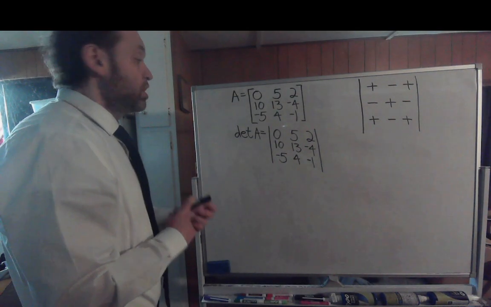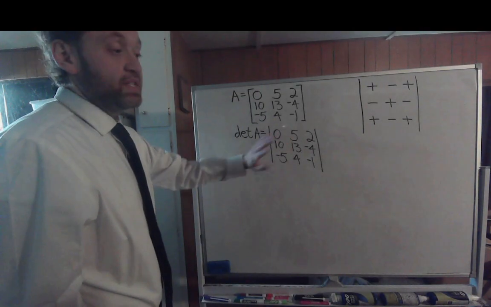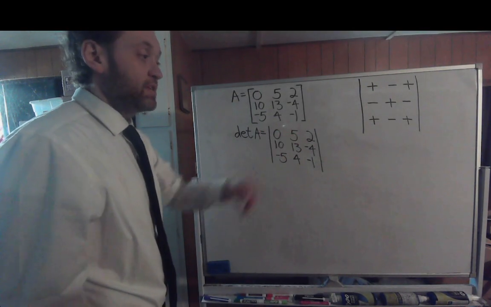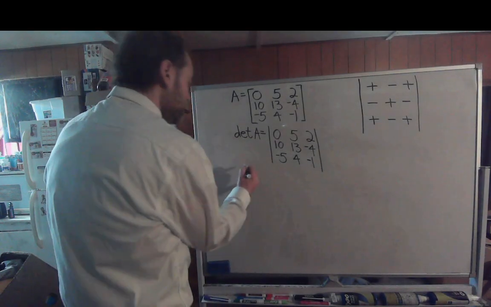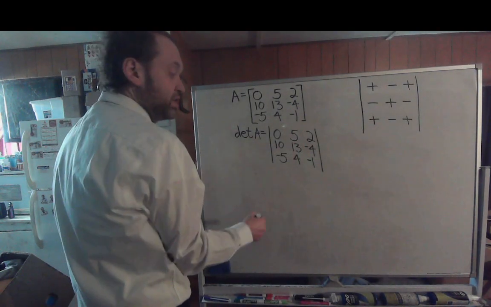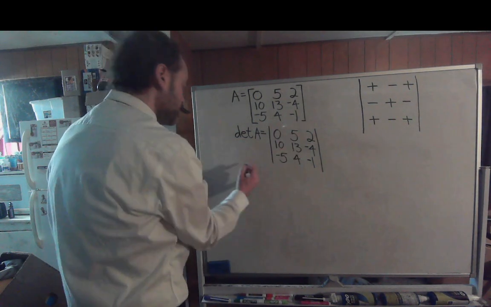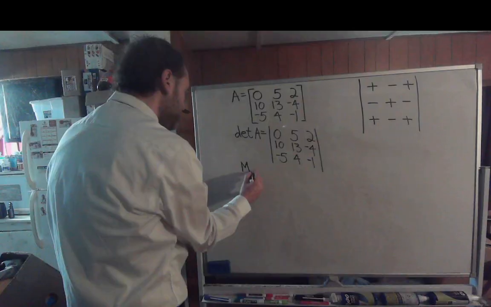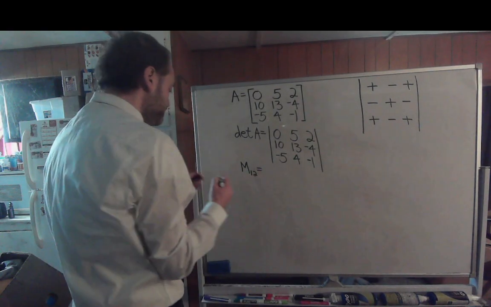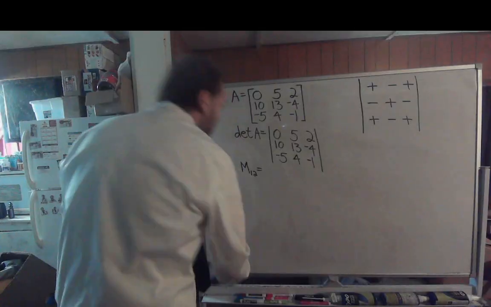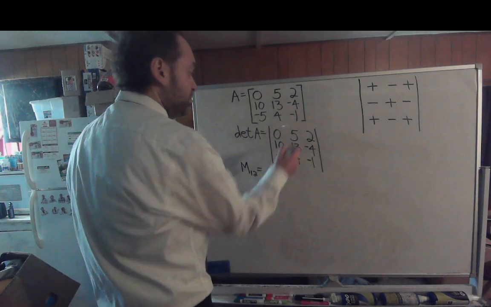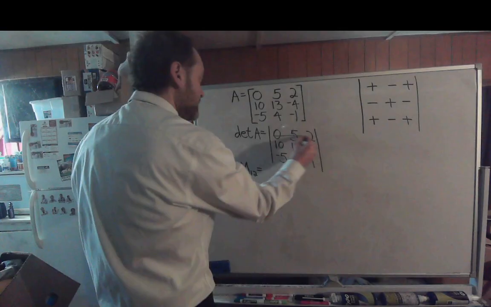Well, 0 times anything is always 0. We can just deal with 5 and 2. So that means we need to find minor 1, 2 since we're dealing with the first row, second column. So we're not going to multiply by 5 yet, but we'll strike out the column and row that it's in.